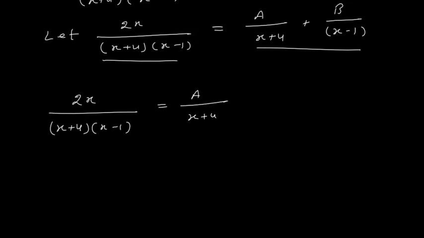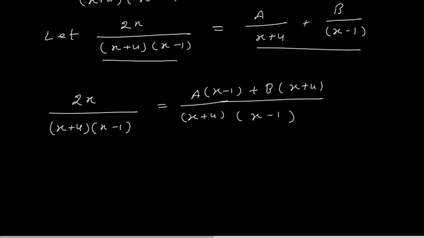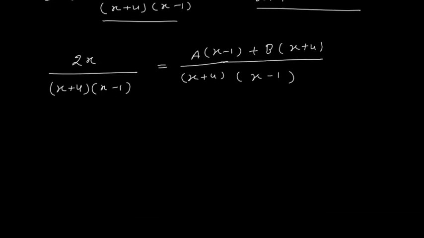So you multiply numerator and denominator by x minus 1, and similarly for b, you multiply numerator and denominator with x plus 4. So for both a and b, your denominator will be x plus 4 into x minus 1. Now your left hand part and right hand part have the same denominator, so you can omit that, and simply write 2x is equal to a times x minus 1 plus b times x plus 4.